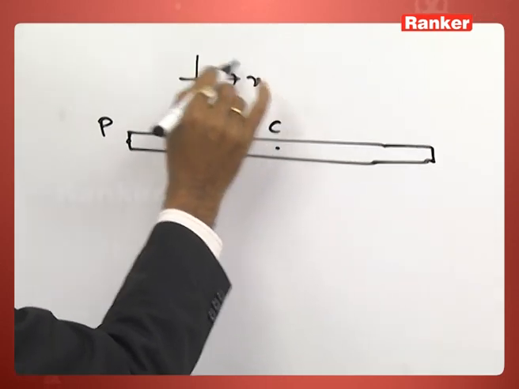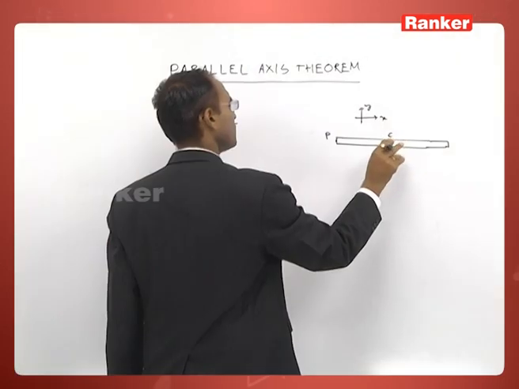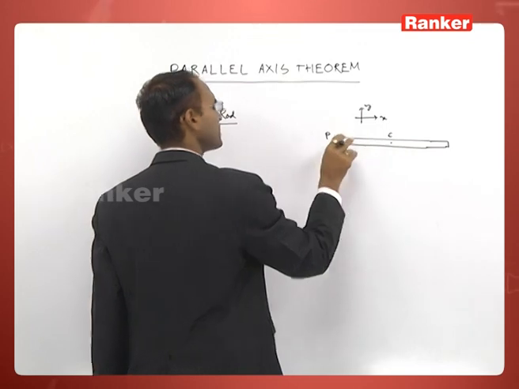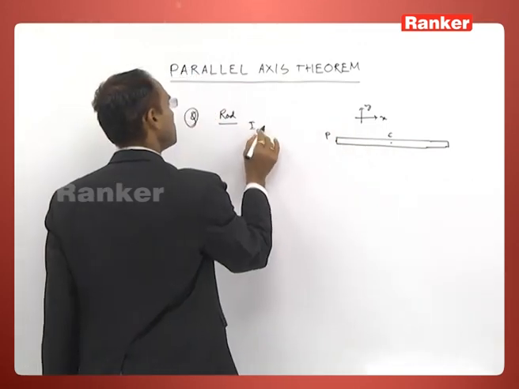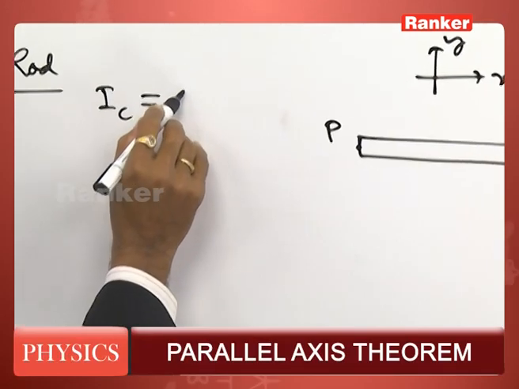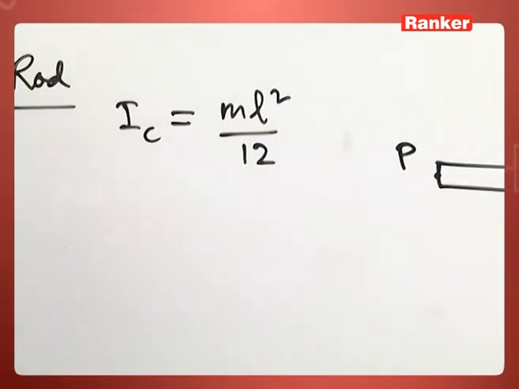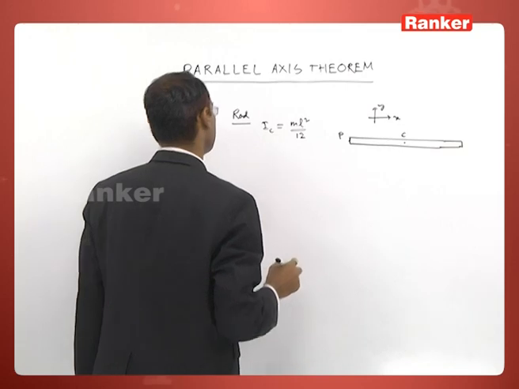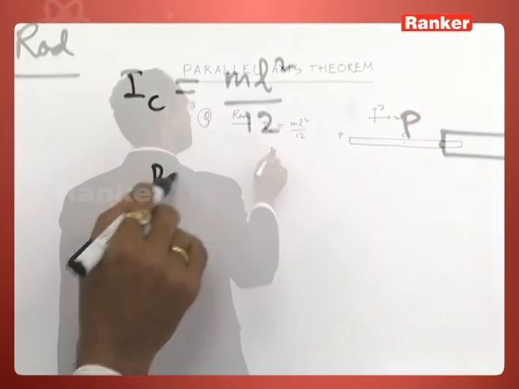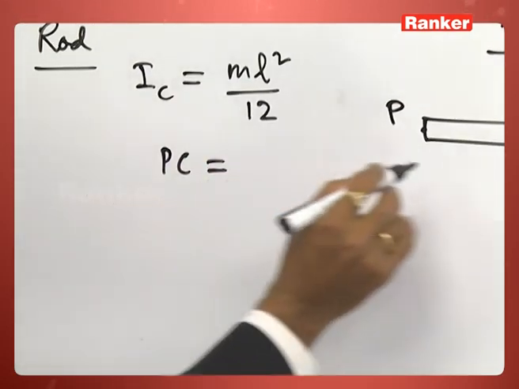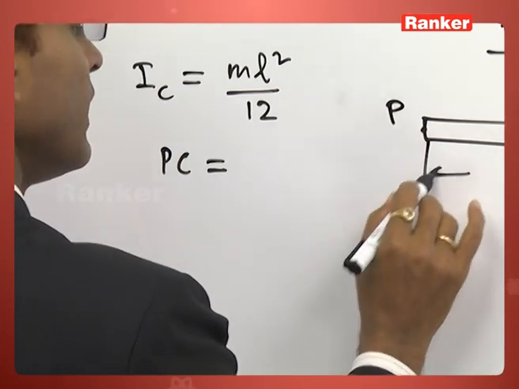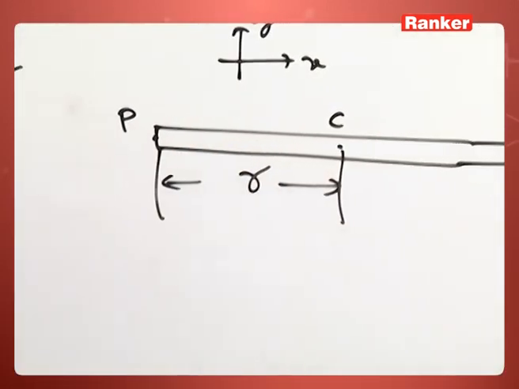If this is x, this is y, this is one axis, this is another axis, two parallel axes. IC is equal to m L square by 12. We proved this in the last class. R is the distance between two parallel axes.